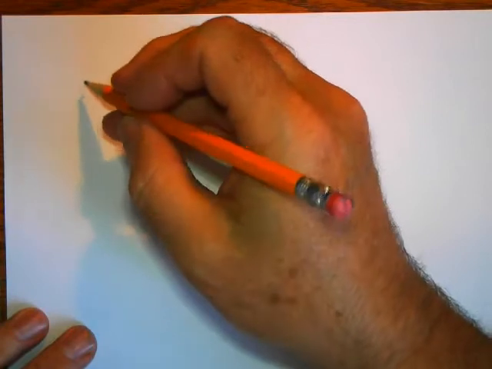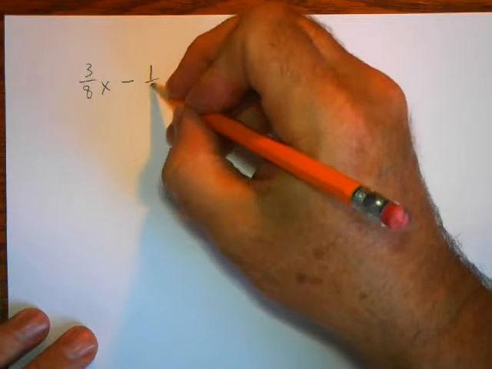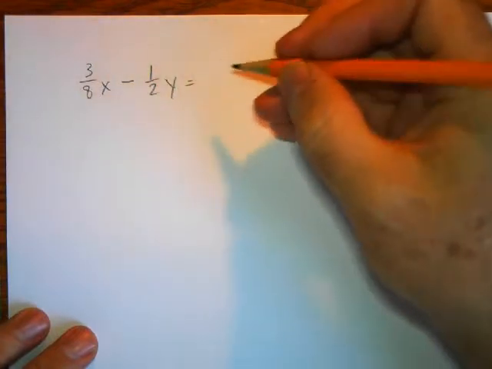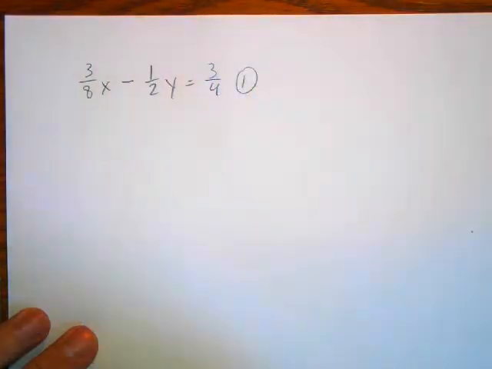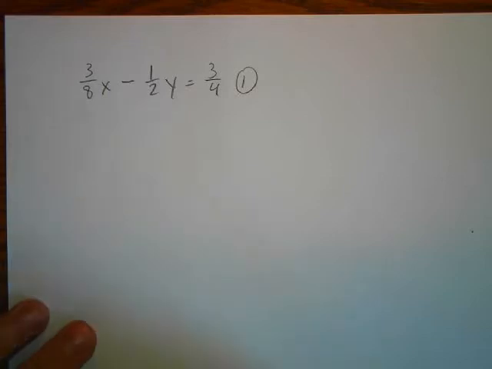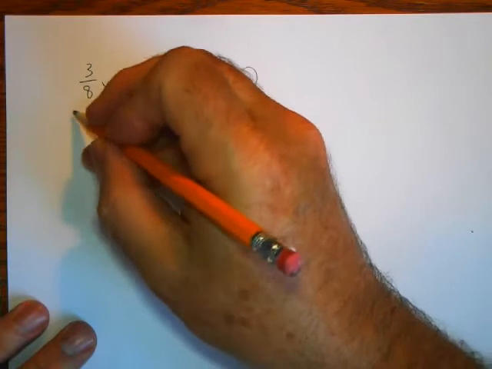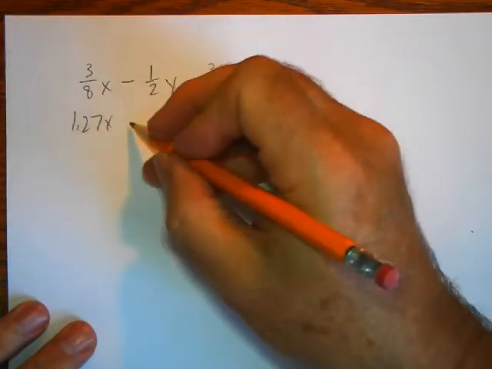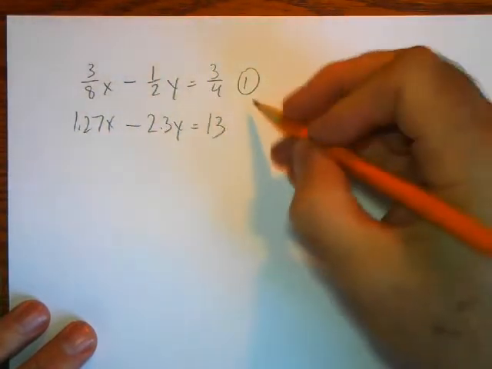So I could give you a really scary looking linear system. For example, I could give you a linear system that looks like this. 3/8 x minus 1/2 y equals 3/4. Here's my first equation. And then let's do some decimals in this one: 1.27x minus 2.3y equals 13.